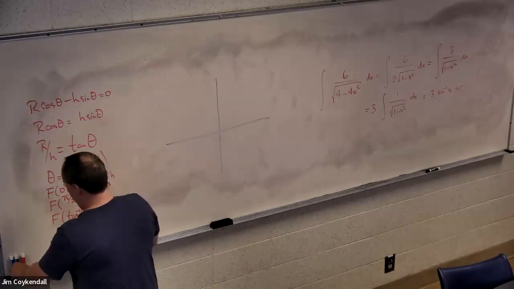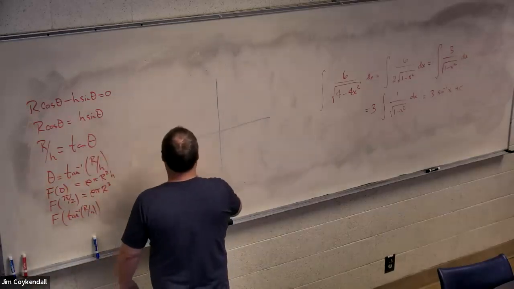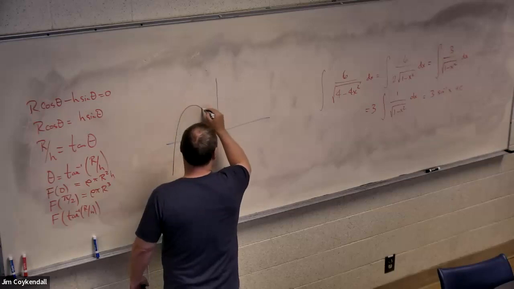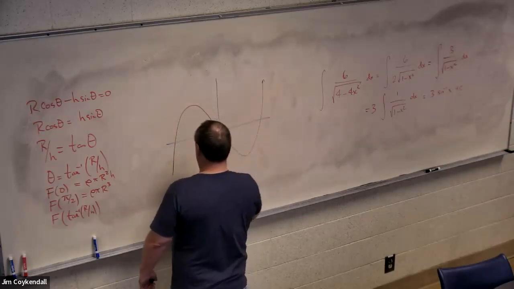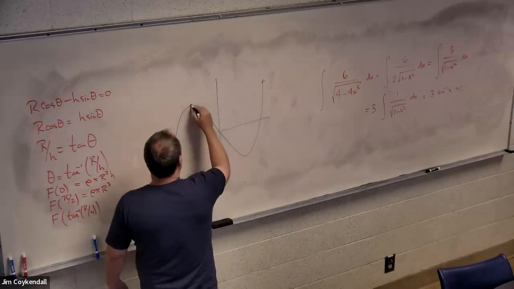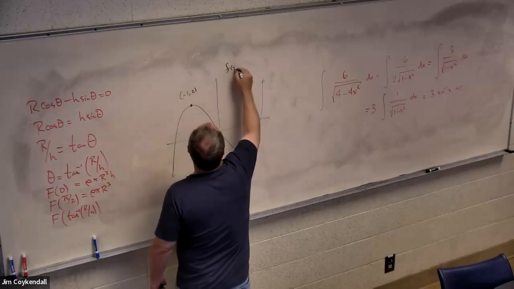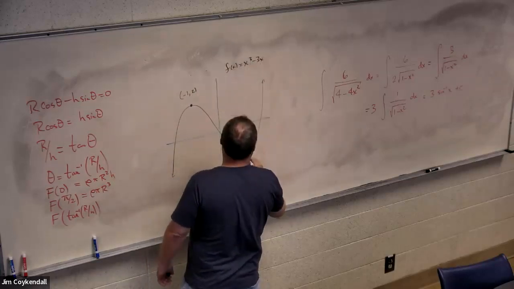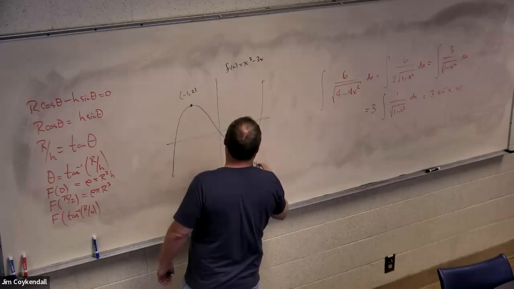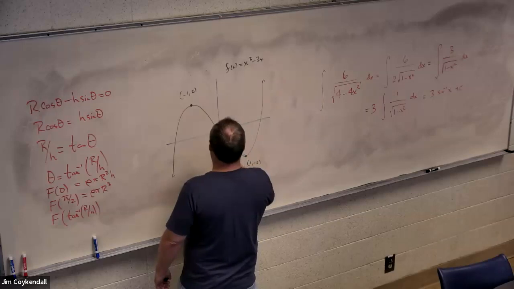So suppose we have this thing here. This has a maximum at minus 1, 2. Minimum at 1, minus 2. 0, 0 is an inflection point.